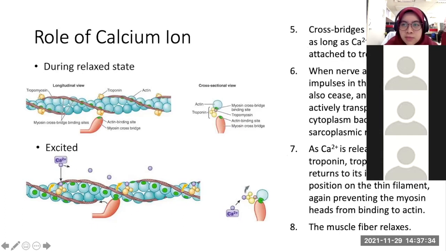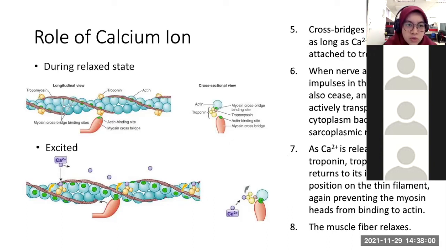Okay, so this cross bridge cycle continues as long as the calcium ion remains attached to troponin. So when nerve activity ceases, meaning the muscle stops receiving action potential from the neuron at the neuromuscular junction, impulses in the muscle fiber will also cease, and calcium is actively transported from the cytoplasm back into the sarcoplasmic reticulum.